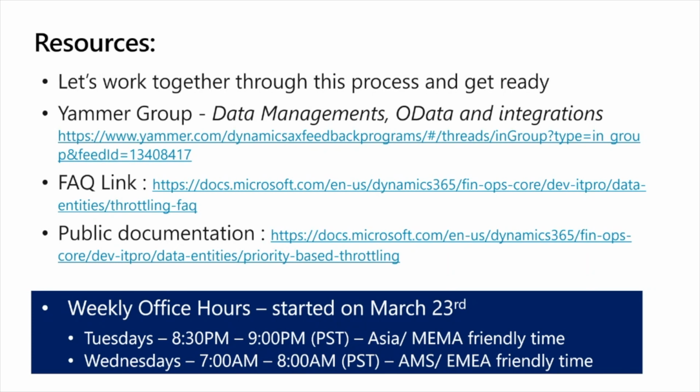Even though the feature goes live soon, we'll continue to have some of these tech talks well into next month, so there's an opportunity to connect and share information. We also have a Yammer Group, where we've had good connections, feedback, and engagement from partners and customers. We also have public documentation and an FAQ that will get updated as part of the GA plans.